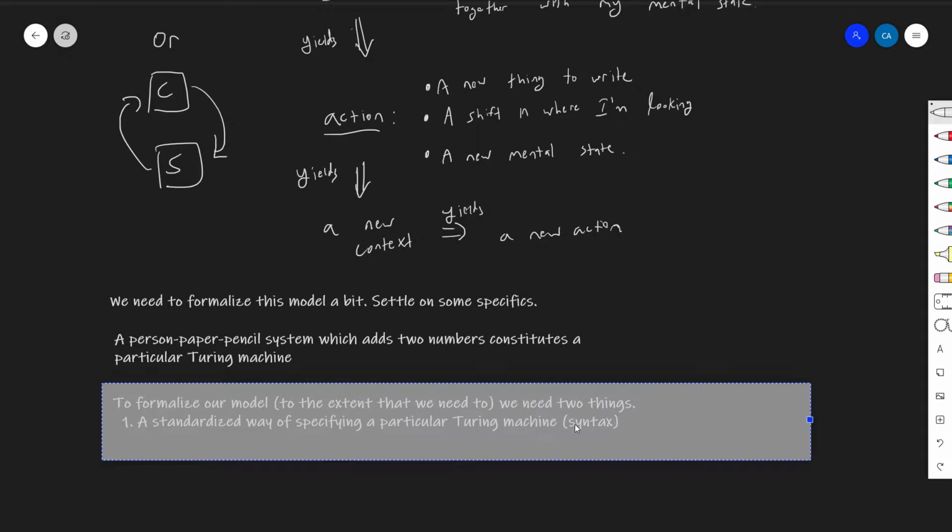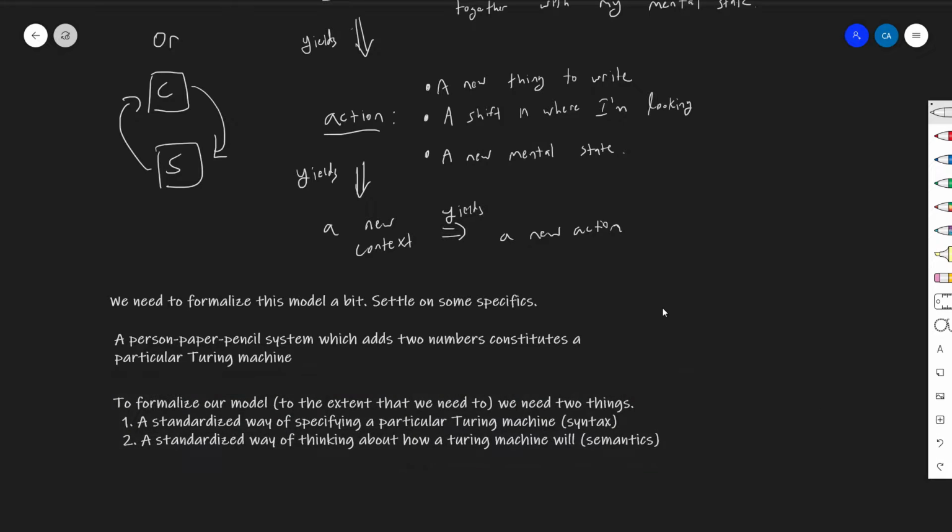And then two, we need a standardized way of thinking about how a Turing machine will operate, which we've already done most of the work in, right? That's semantics. So basically, I want to be able to hand you a particular Turing machine and give you all of the information that distinguishes it from any other Turing machine.